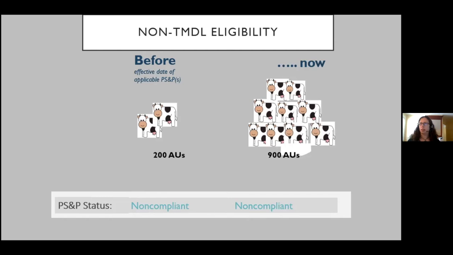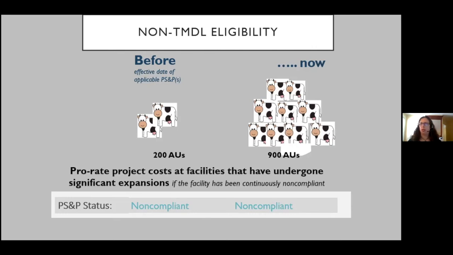This project is eligible, but only the cost of bringing the facilities in existence on the effective date of the performance standard and prohibition are eligible for cost sharing. So if the landowner is designing a facility for all 900 animal units, the eligible costs must be prorated by determining the base animal units that existed when the performance standard went into effect, and then calculating a non-significant expansion of that number.